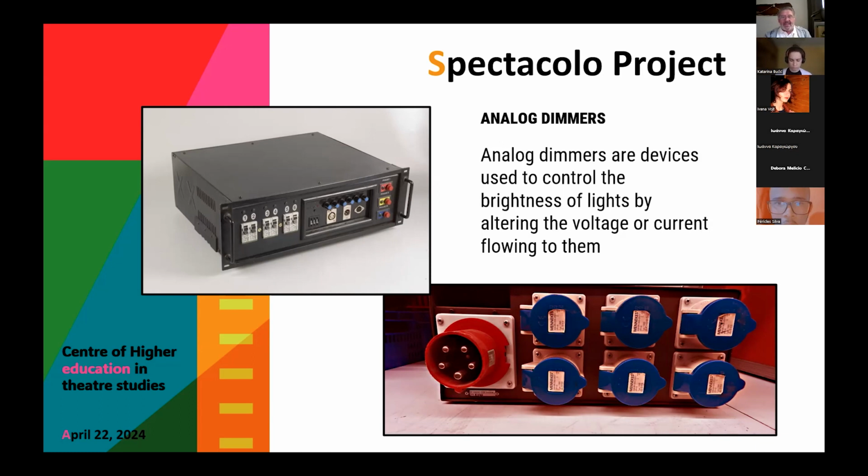Analog dimmers typically use a variable resistor or potentiometer inside the box. Just so you know, you never open a box like this. It controls the amount of electricity flowing to the load, the light bulbs and the spotlights.